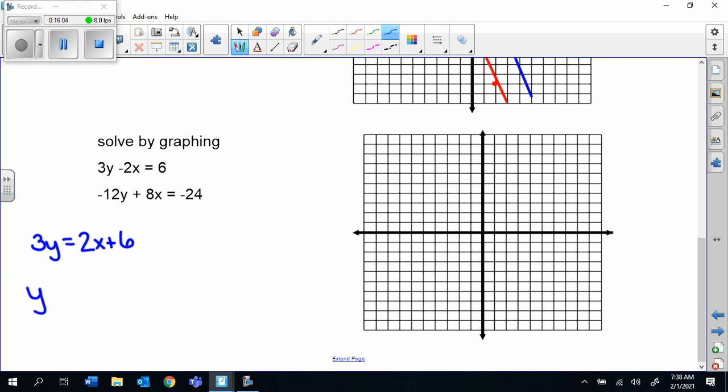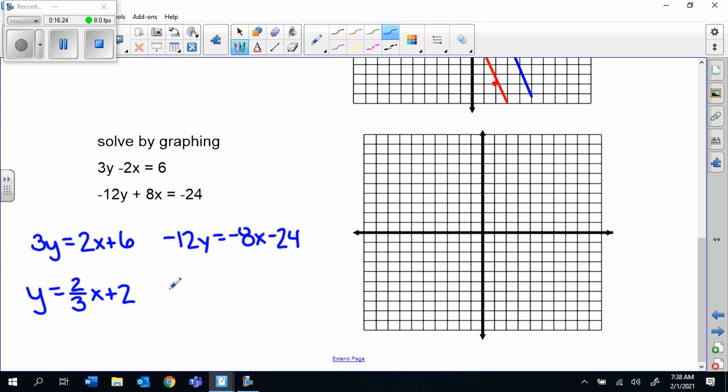And then I know I have to divide everybody by 3. So instead of writing it down, 3 goes into 6 twice. And then here, I know if I jump that 8x to the other side, it's going to become a negative 8x.